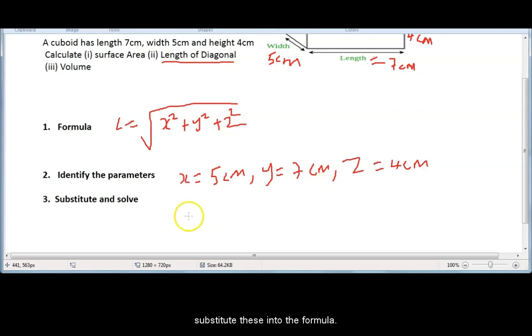Substitute these into the formula. There should be 5 squared plus 7 squared plus 4 squared.